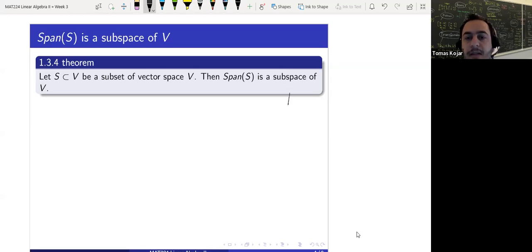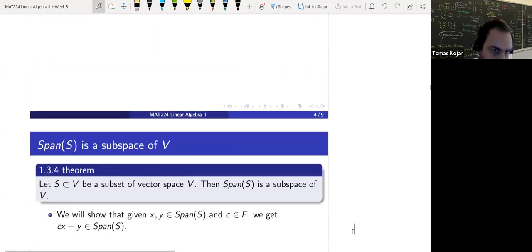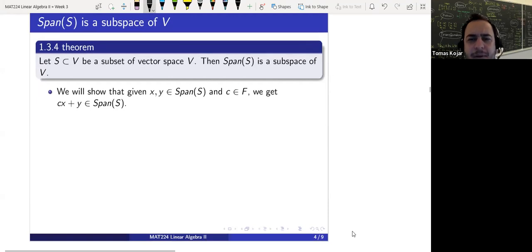Let me remind you, that means it is also a vector space inside V. Remember the theorem, I don't remember the numbering, maybe 128 or something, that for closure it's sufficient: once you show closure, you get a subspace. That was the sufficient criterion.